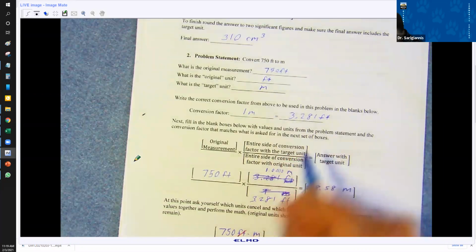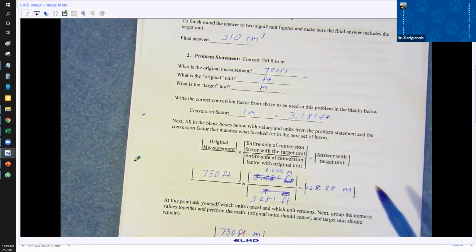So this is the problem with conversions: you've got to look at the original measurement and then the conversion factor you have to equal that 1 meter. This doesn't really play into the significant figures.